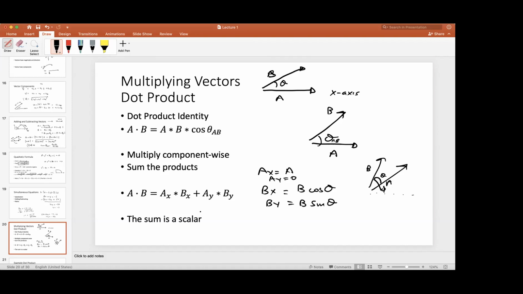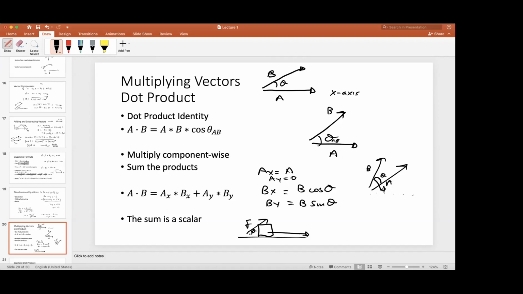We're going to most often, or first, really see this in work, where you have a force acting over a distance. Basically, if you can imagine, we're pushing something in that direction, and we apply a force at some angle, okay?